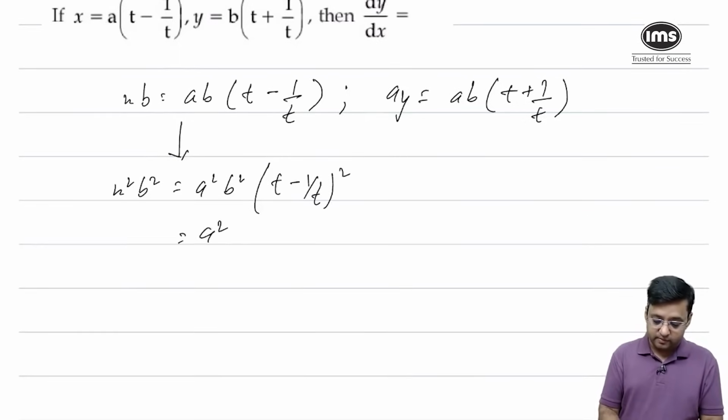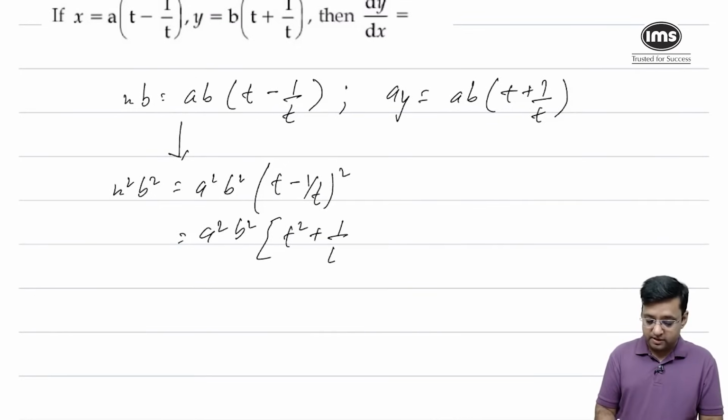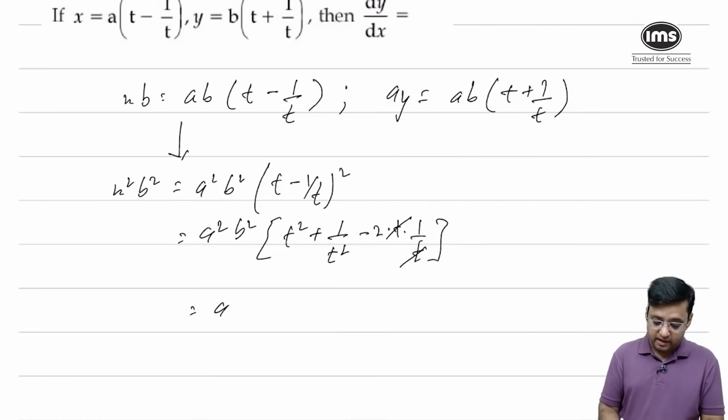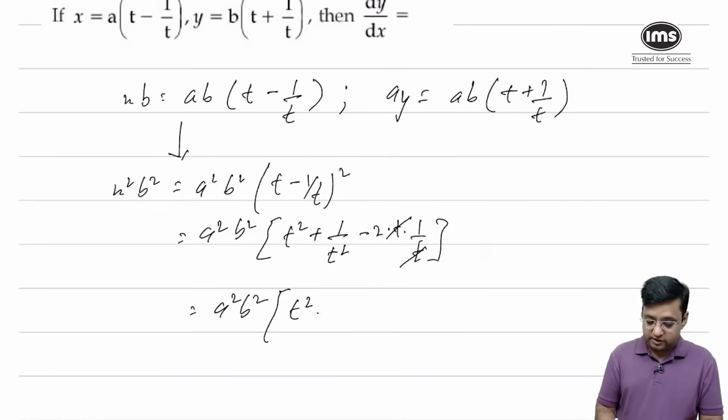This will become a square b square into t square plus 1 by t square minus 2 into t into 1 by t. This will become a square b square into t square plus 1 by t square minus 2, correct?